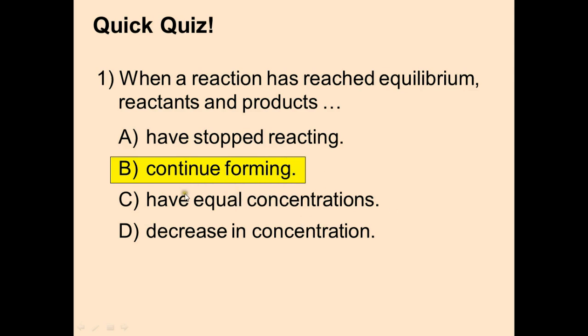This is called dynamic equilibrium, when they continue forming at an equal rate. So for every one product used up, there's one reactant that's reacting into a product. So it looks constant, and this is because there's still reaction happening, but they happen at the same rate.